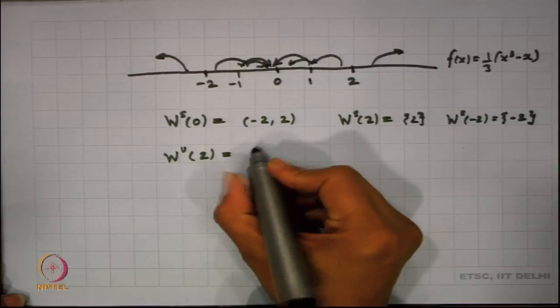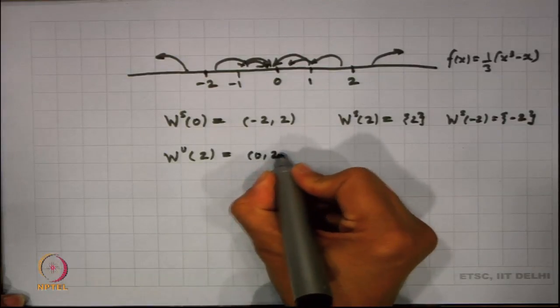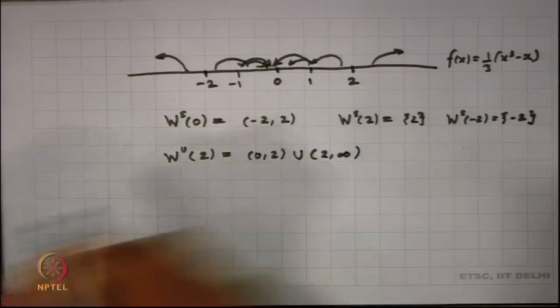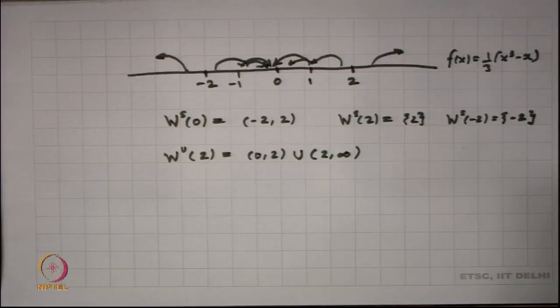So, these are basically the points 0 to infinity. So, the unstable set of 2 happens to be a union of 2 disjoint intervals, 0 to infinity.